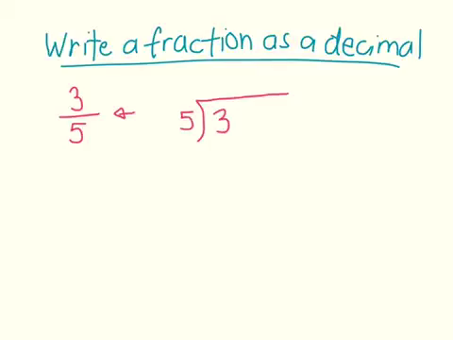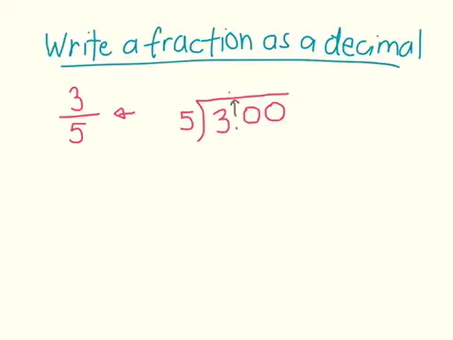And since 5 doesn't go into 3, we're going to write the number 3 as 3 and 0/100ths in this case. So we put our decimal point and add the 2 zeros, and then we move our decimal point up into the quotient and divide as if they were whole numbers.